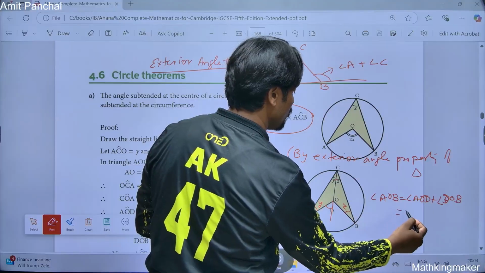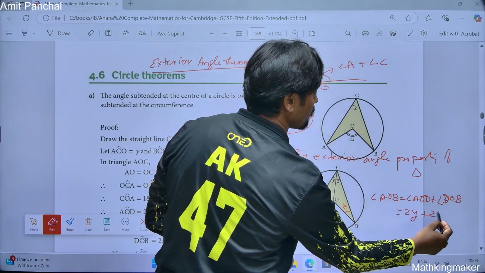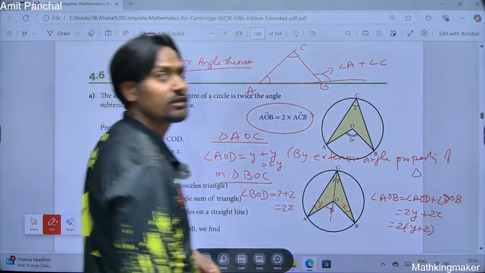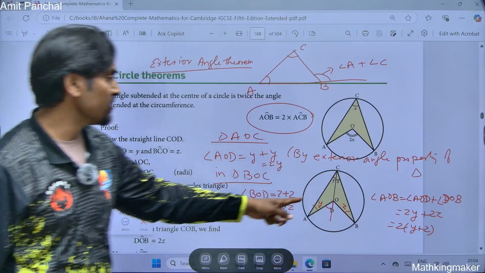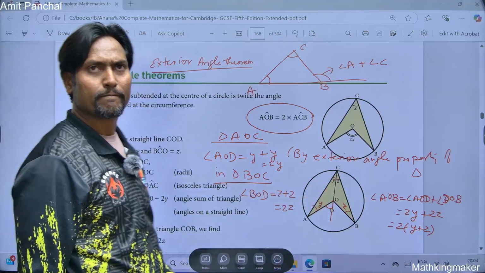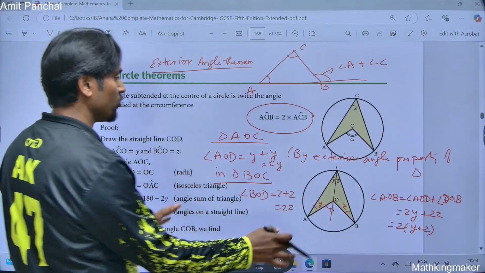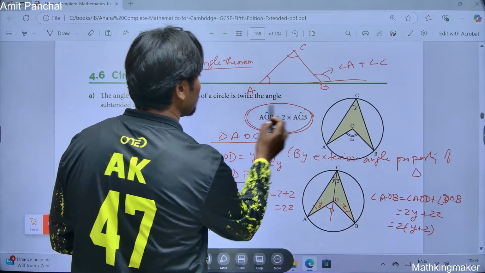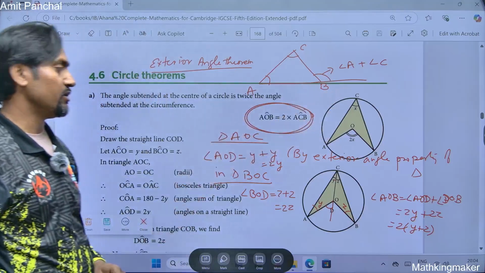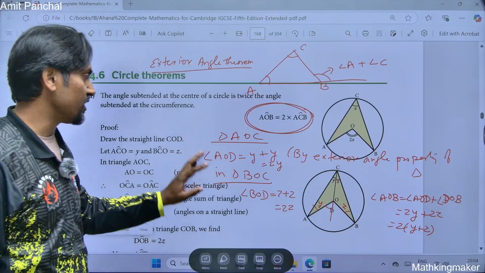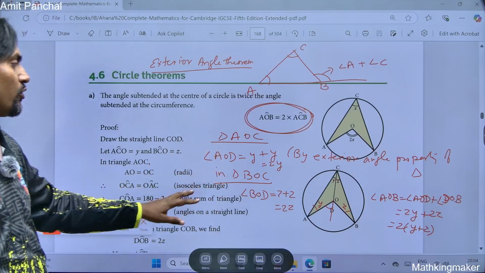AOD is 2Y, BOD is 2Z, so twice is common, so it can be written as 2 times Y plus Z. And what is Y plus Z? Y plus Z is this one angle, ACB. So now we have proved that angle AOB is twice angle ACB, isn't it? That is a very simple theorem. Note it down.